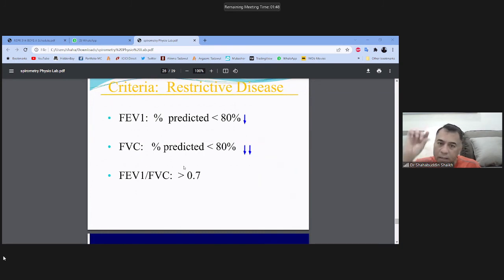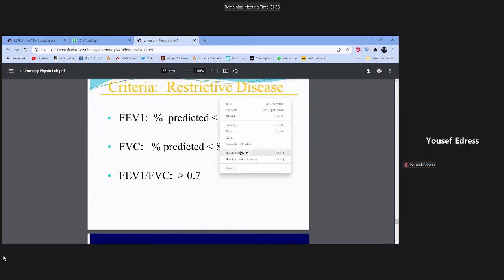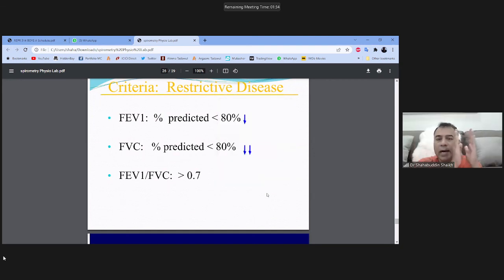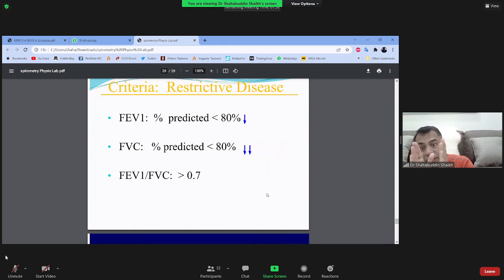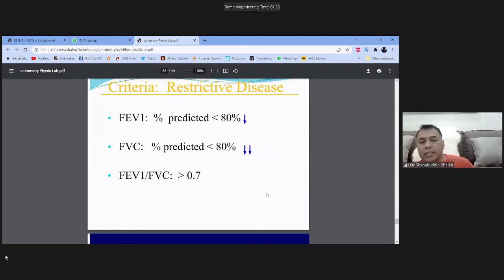The number the patient got will be given, and the predicted of that person will be given. Any difficulty till now? No, all clear. So the actual data of the patient, predicted, and percentage of the predicted will be given.